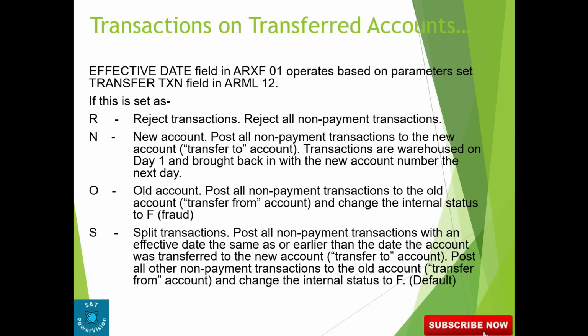O means old account: post all non-payment transactions to the old account. S means split transactions: post all non-payment transactions with an effective date the same as or earlier than the date the account was transferred to the new account. Post all other non-payment transactions to the old account and change the internal status to F by default.